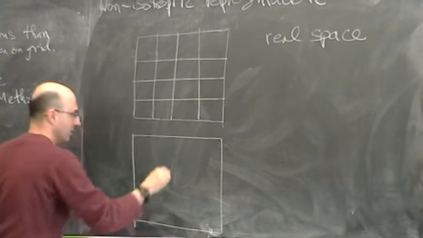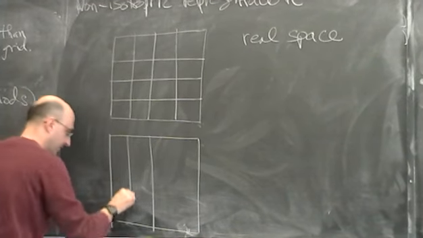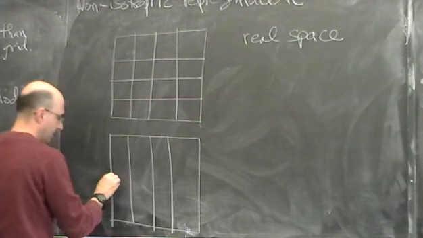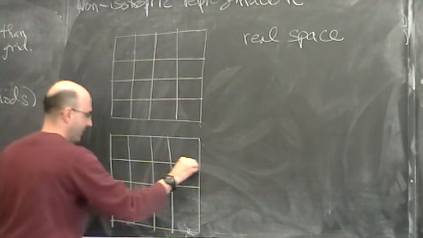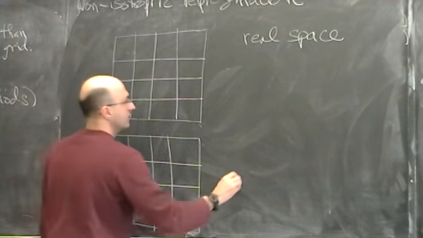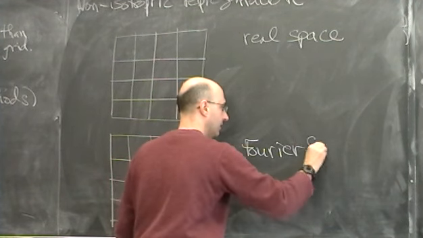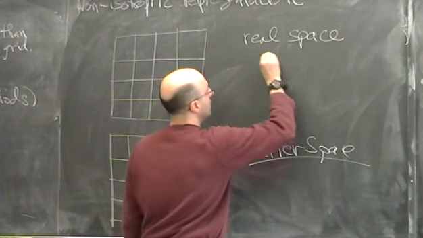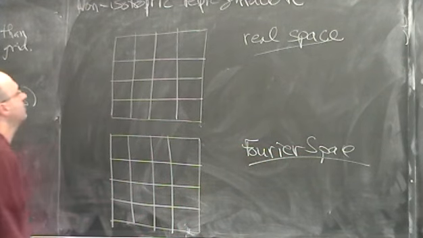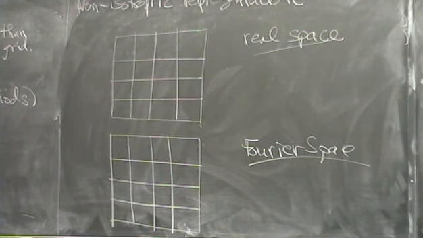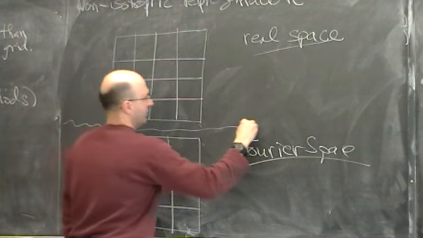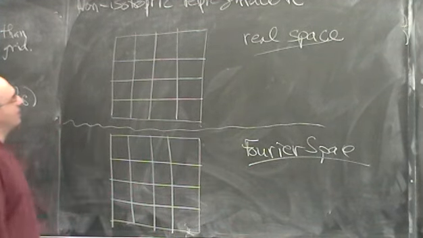In Fourier space, we have the same grid, right? We have the same FFT box. In this case, it's going to be 4x4. This is in Fourier space, and real space.